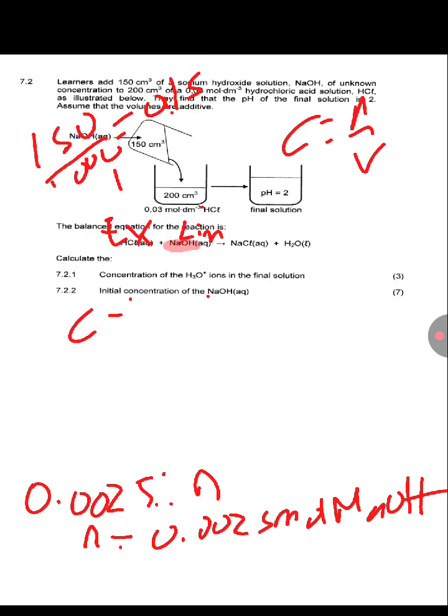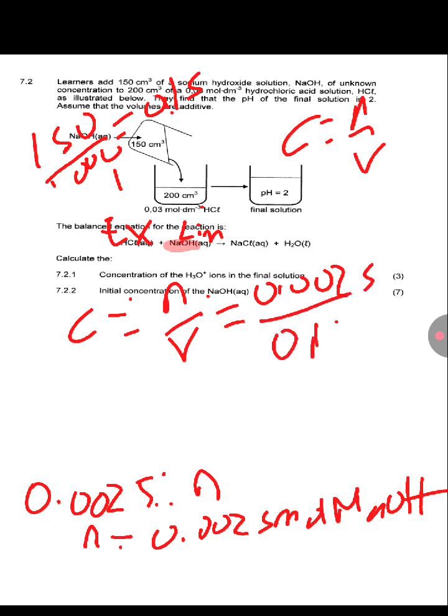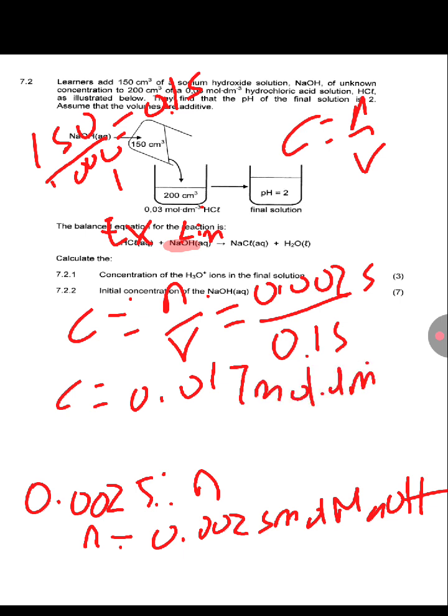The concentration is equal to number of moles divided by volume. The number of moles is 0.0025, and the volume is 0.1. And we get an answer of 0.017 mole per cubic decimeter of sodium hydroxide.